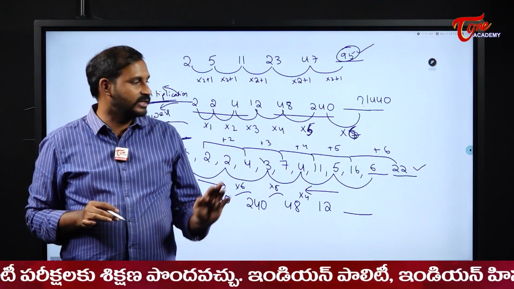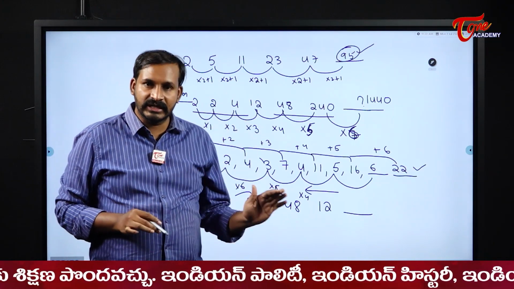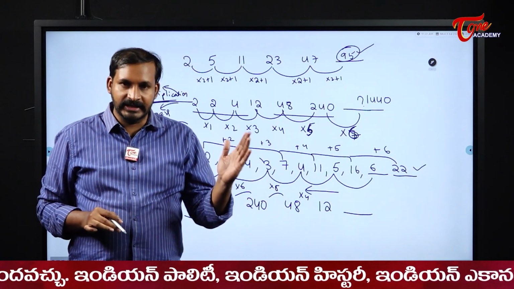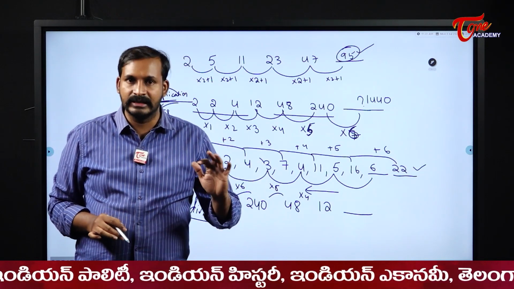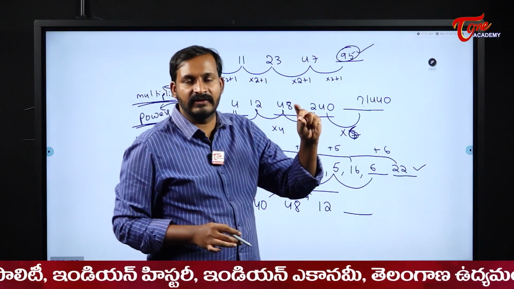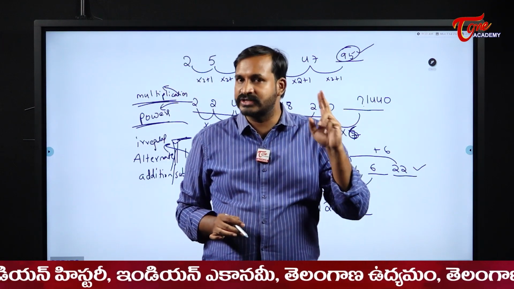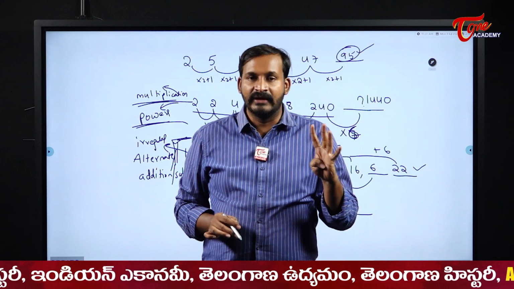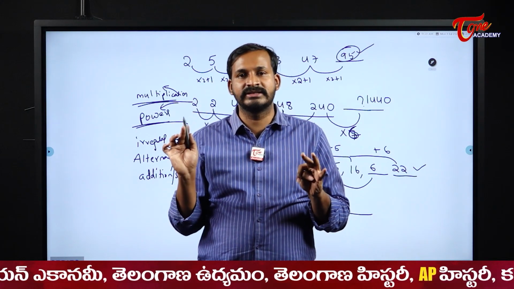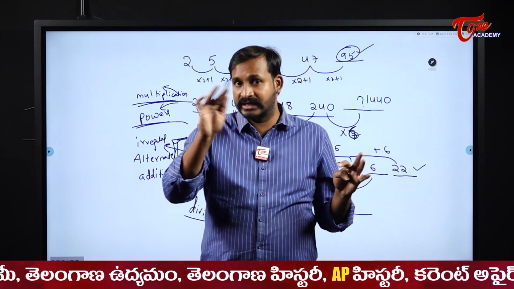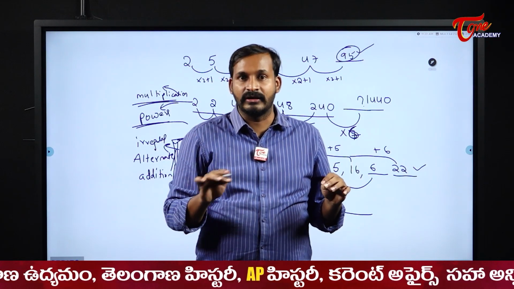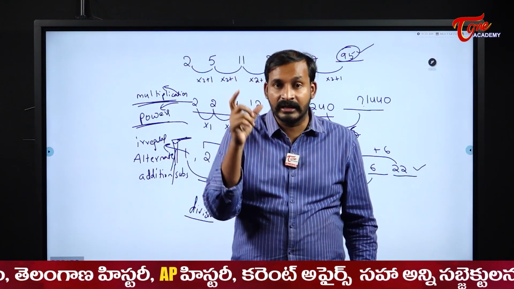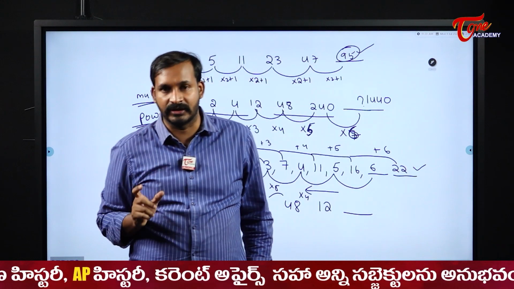Like this, based on the situation, we need to analyze the question carefully: increasing, decreasing, or mixed. By seeing the question itself, at first glance, within 1 or 2 seconds, you should identify that. If it is increasing slowly, just write the difference. If it is increasing suddenly, check whether any multiplication is there. If not, then immediately think whether the given numbers are near perfect squares or perfect cubes.